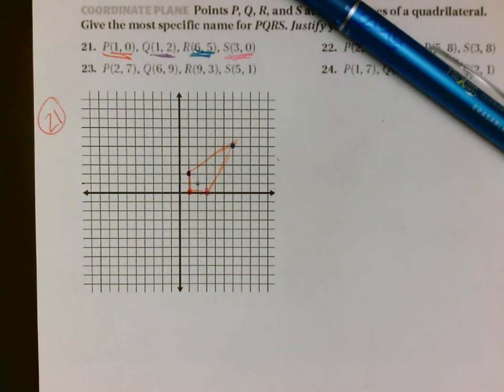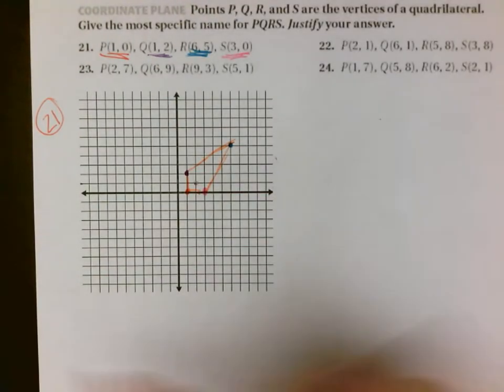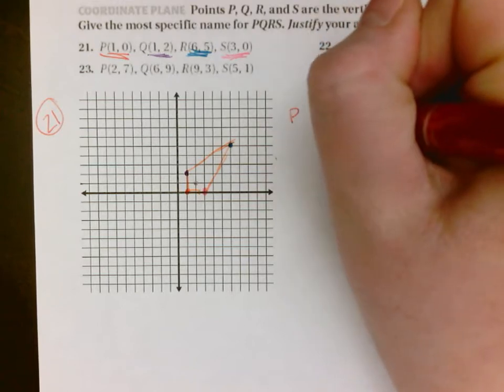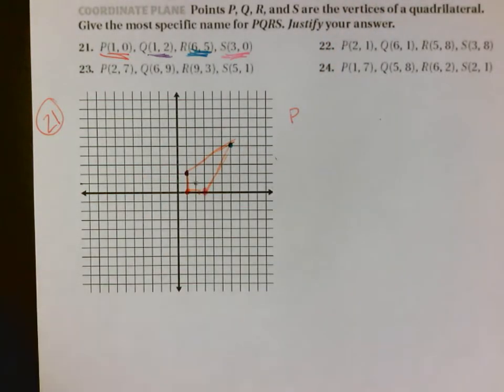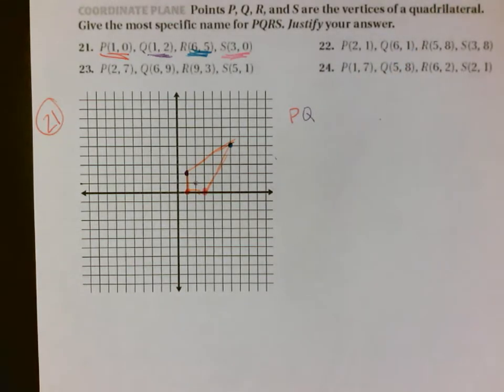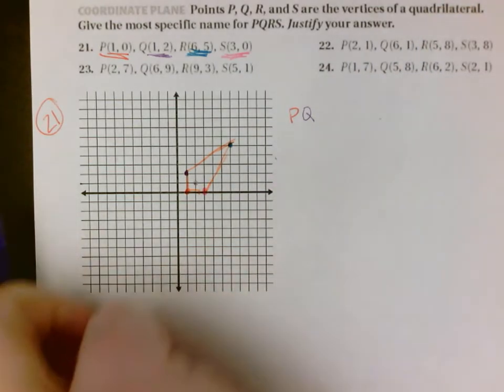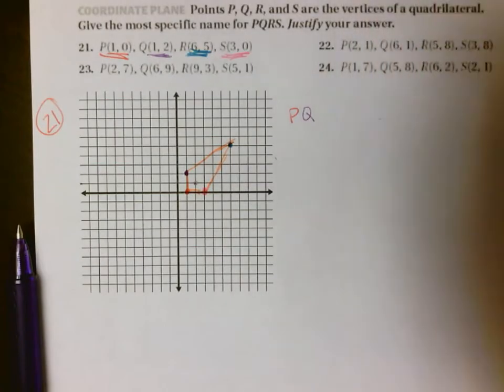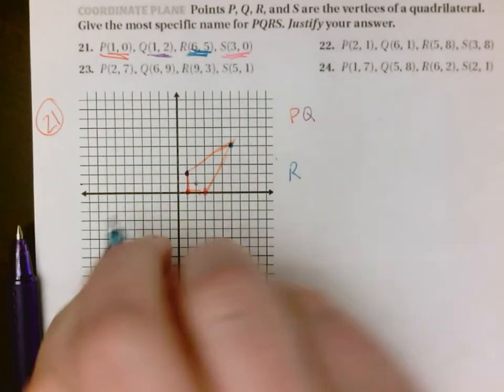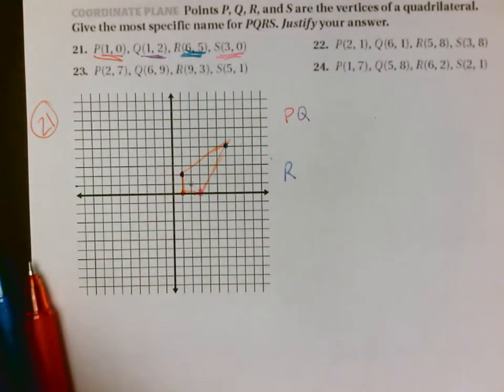It is quite a possibility that it is a kite, based on my wonderful numbers here. So PQ is opposite RS.